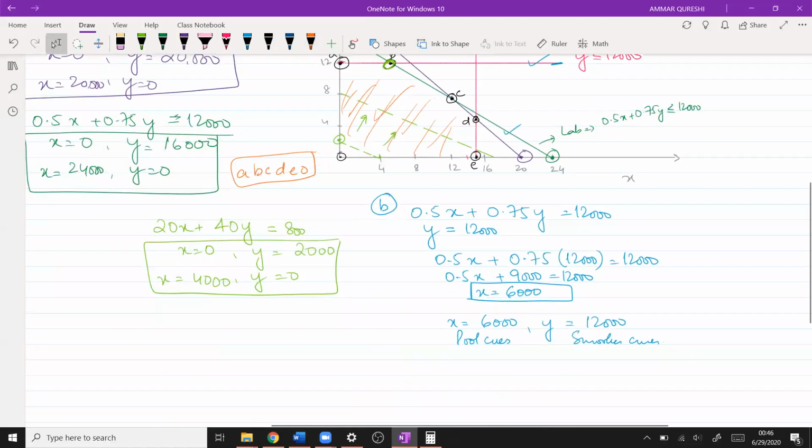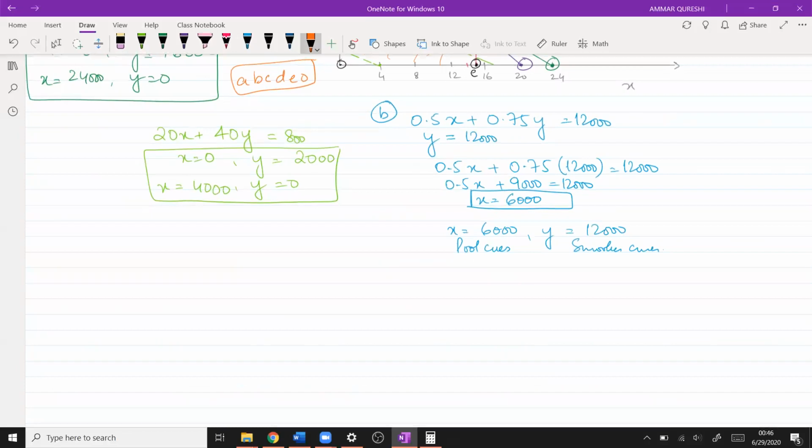So how can you calculate the maximum contribution? Remember that ISO contribution line, sorry, the objective function: C equals 20x plus 40y.